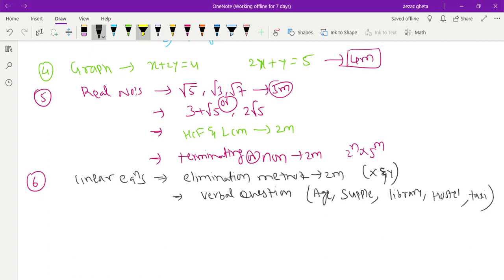So you should learn these questions for 3 marks. These questions can come, so you cannot miss this, right? This is for 3 marks.